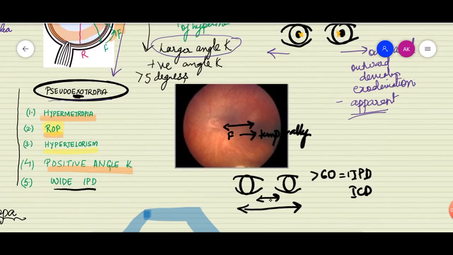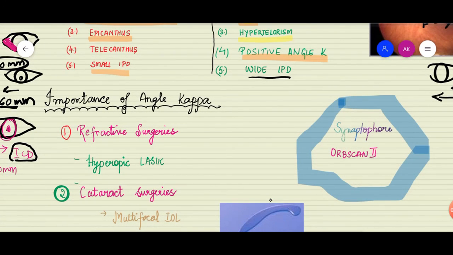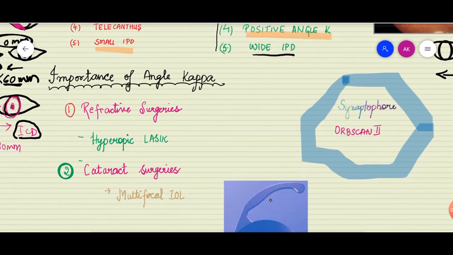Next, coming to the last topic, that is, what is the importance of this angle kappa? Okay, fine, we know that pseudoexotropia and pseudoesotropia might be there, but there are other applied aspects also when we talk about this angle kappa. The first thing you should know is there are tomographers available now, like the OpScan, which can actually measure this angle kappa.